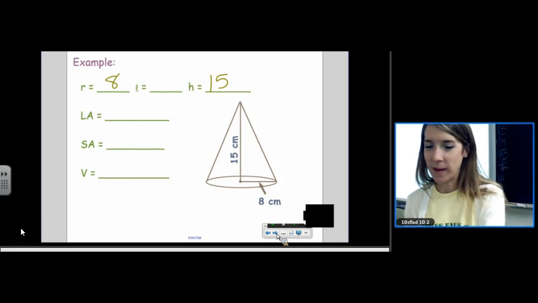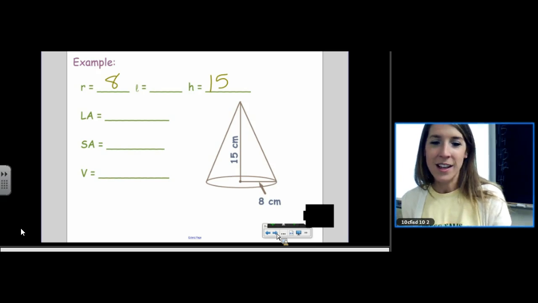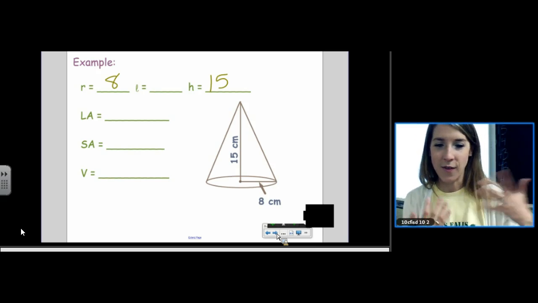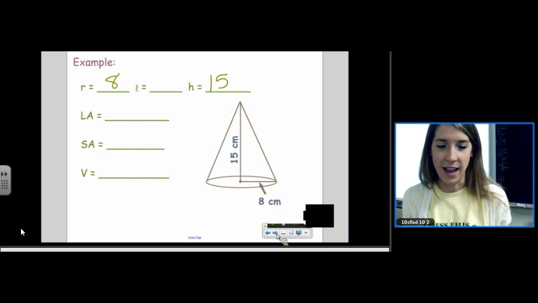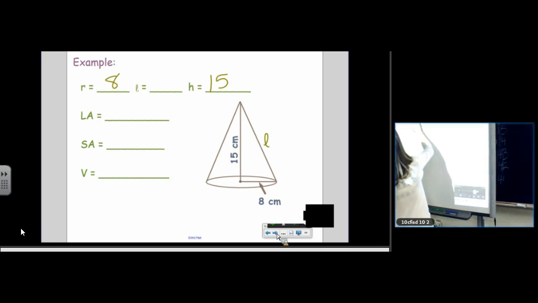I said use your toolbox to find L because Pythagorean theorem is one of the tools in your toolbox. You've got 30, 60, 90, you've got trig, you've got different ways you can find missing sides. What is it? Yes, slant height. It doesn't stand for length. It stands for slant height. So these are all centimeters.